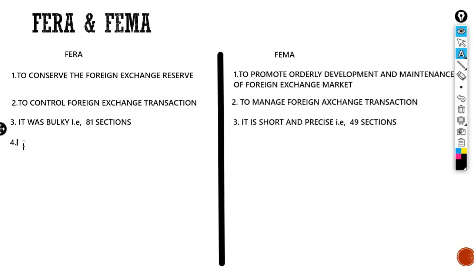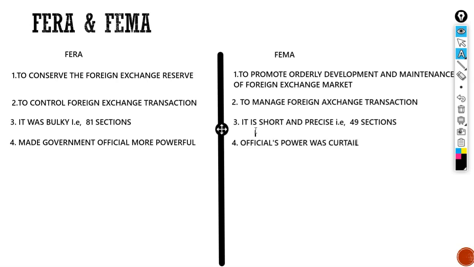The next difference was that FERA made government officials more powerful, whereas in FEMA the officials' power was curtailed significantly.